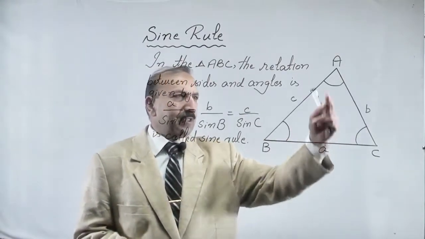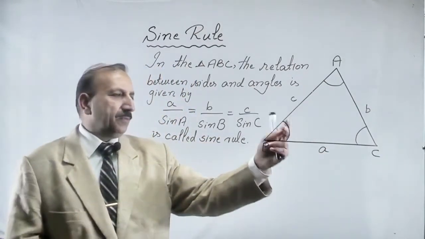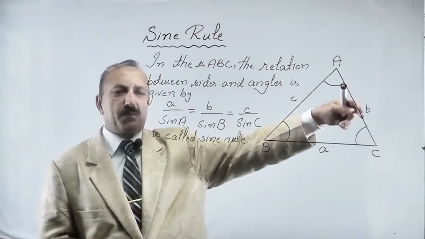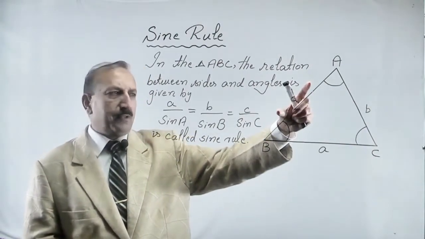This is angle A, its respective side is a. And this is angle B, its respective side is b. And this is angle C, and its respective side is c.